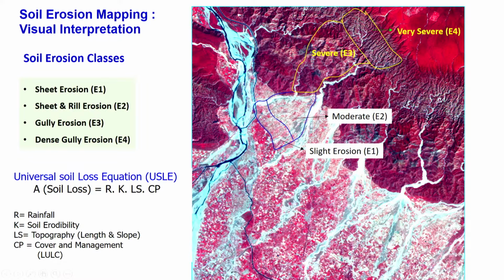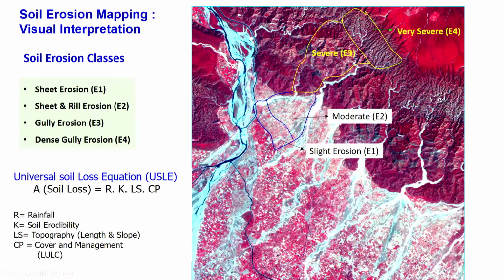That's why you get high reflectance here, and it is moderate erosion. Here you get a little reddish color because of vegetation or crop, and the crop is performing better than in that area, so it is slight erosion. And here you get very good crop, so there is no erosion.